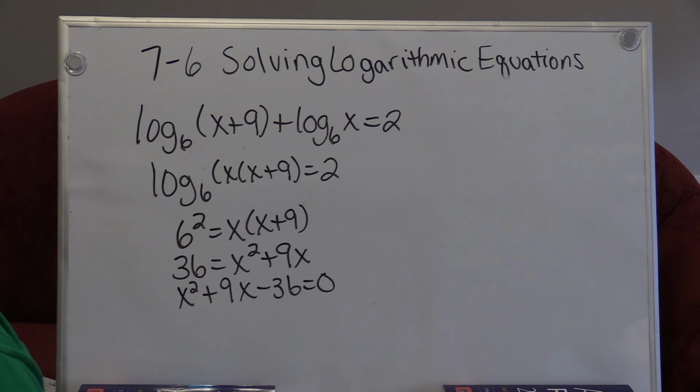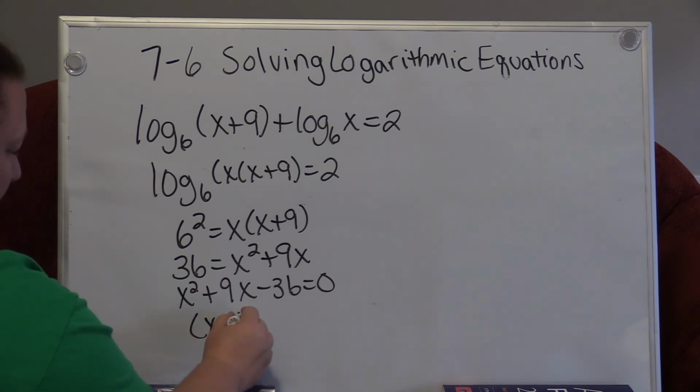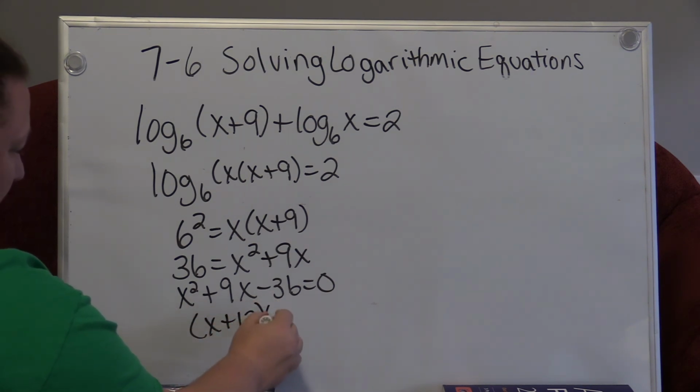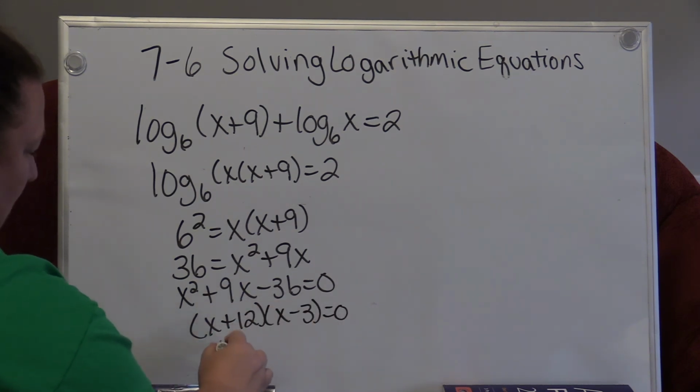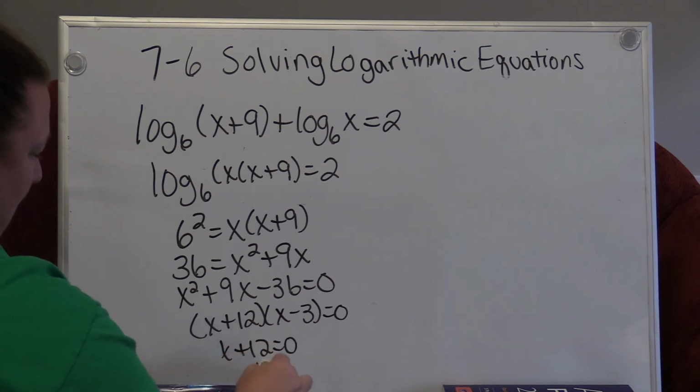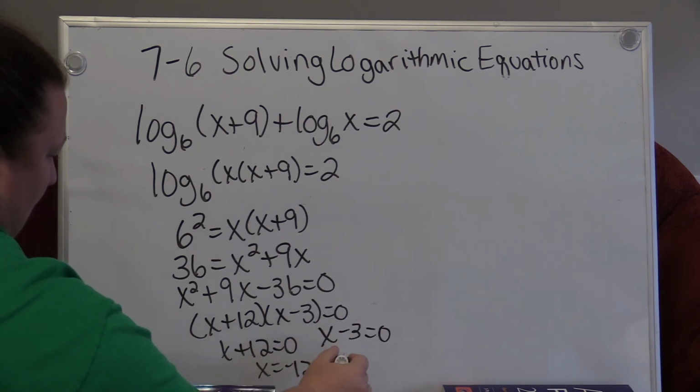And what two numbers multiplied together give me negative 36 and add together to get 9 is 12 and negative 3. So x plus 12 equals 0, x equals negative 12, and x minus 3 equals 0.